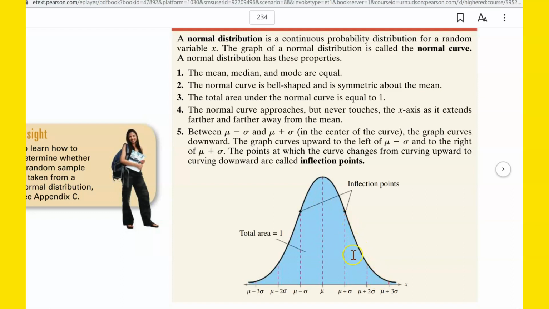If you get all the way out to a size 18 shoe, there's going to be a very small percentage of men who have that size. Or way down here, like a size 4, there's going to be an extremely small amount of men with a size 4 shoe. And the closer you get to the middle, the greater the percentage of men that would have that shoe size.